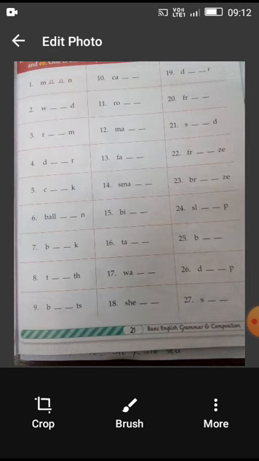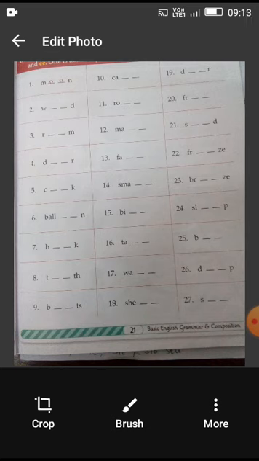You have to fill up with these double letters in your exercise. One is given for you, number 1, MOON, moon. Then this row will be filled with OO double letters. This 1, 2, 3, 4, 5, 6, 7, 8, 9. Till number 9 you can add double O joint letters.